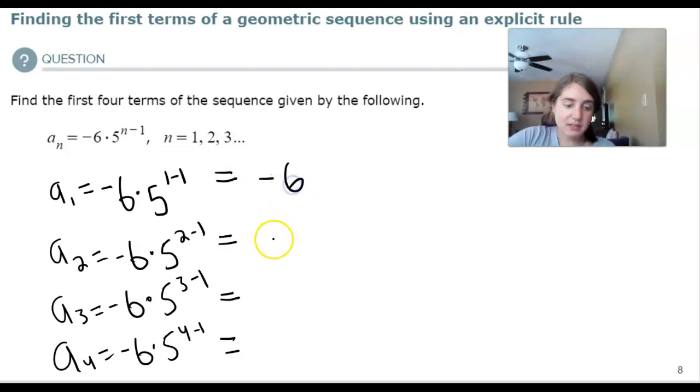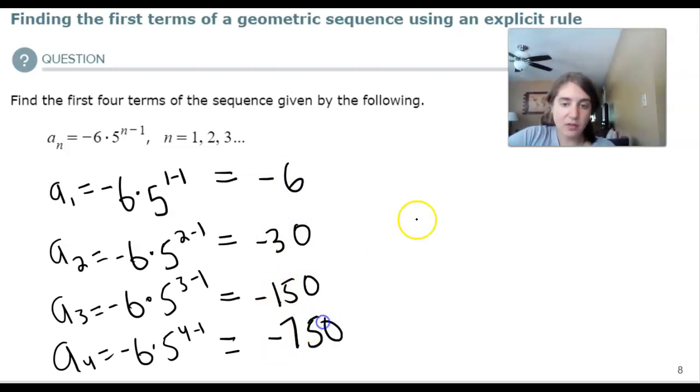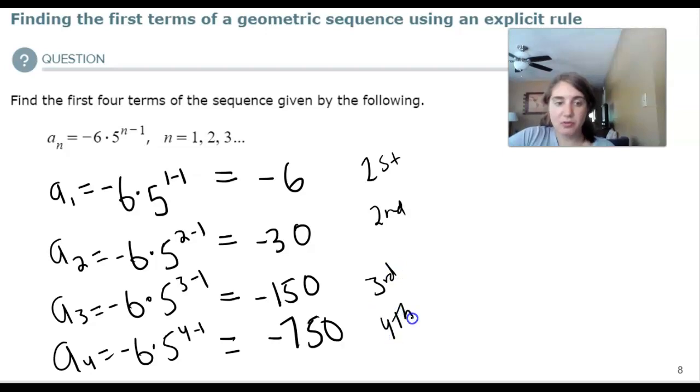What we end up getting is a negative 6, a negative, so this is the first, second, third, and fourth term.